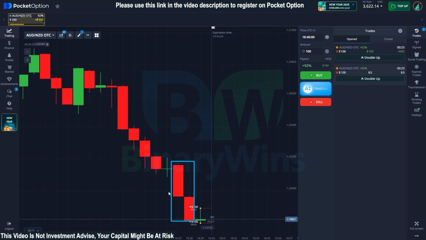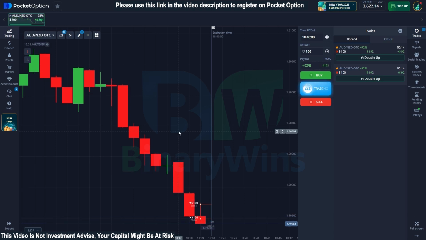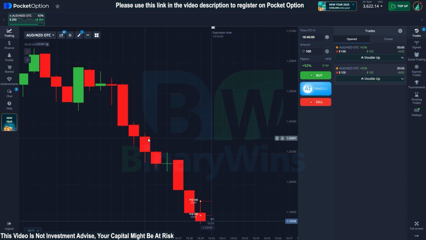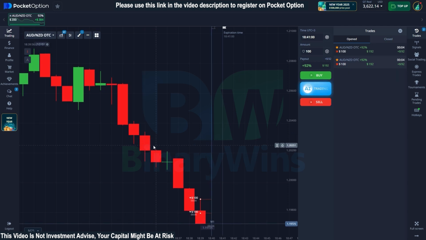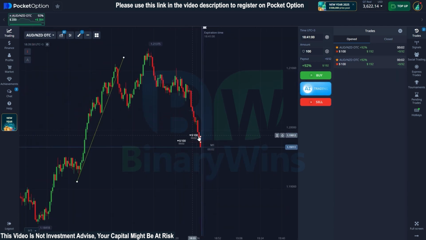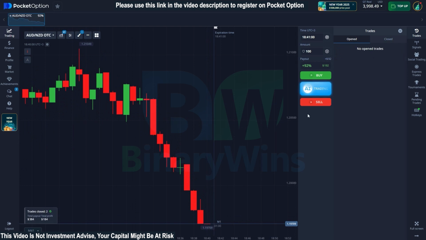After two strong red candles in the continuation of the downtrend, I entered two lower trades. Great.